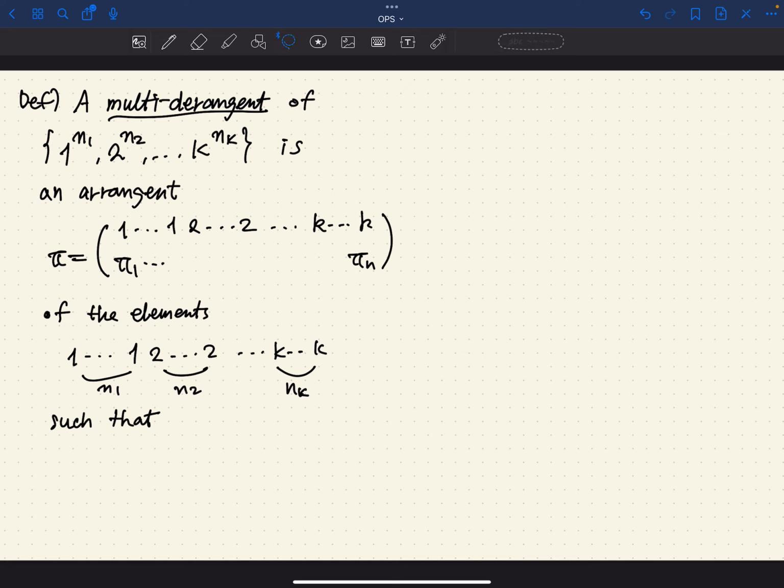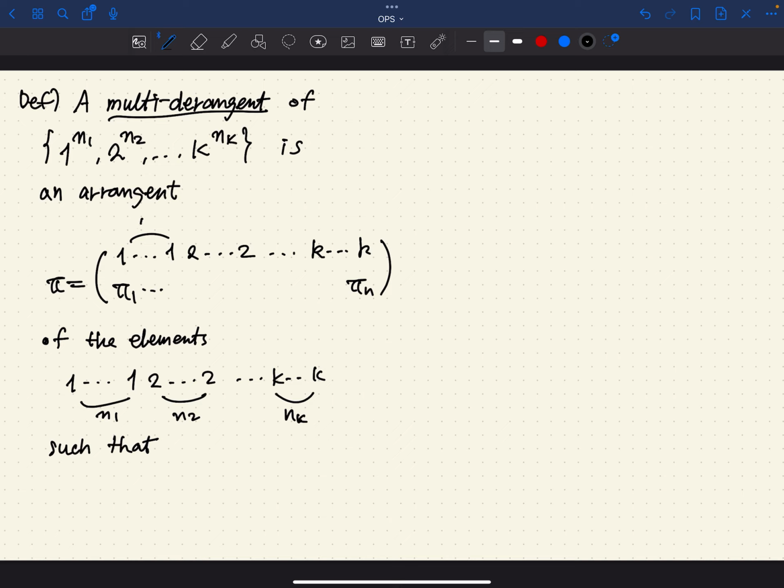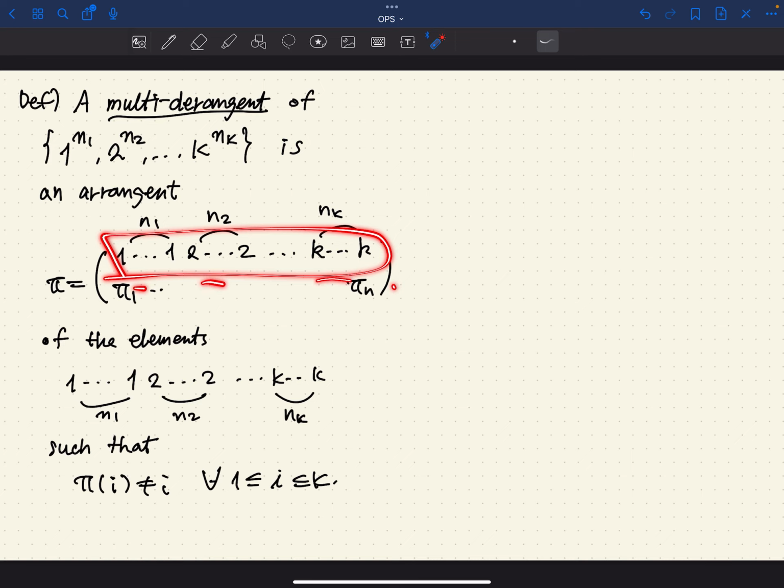So again, of course, here n1, n2, ..., nk, such that pi i is not equal to i for all i from 1 to k. So you rearrange them, but you don't see anything in a column that has like i over i. Okay? So again, if these are all 1, then it's exactly the derangement.